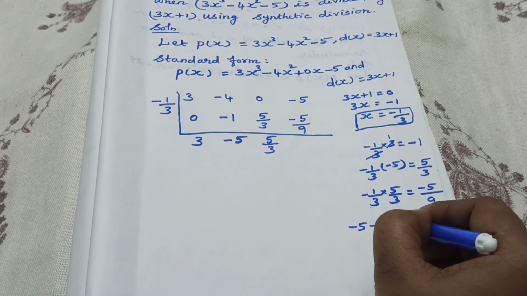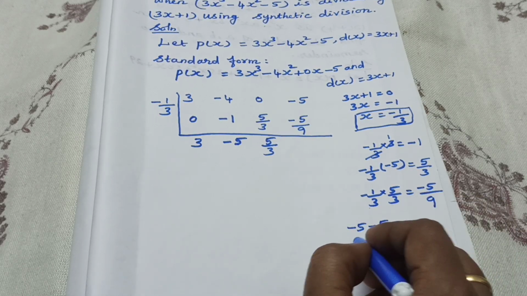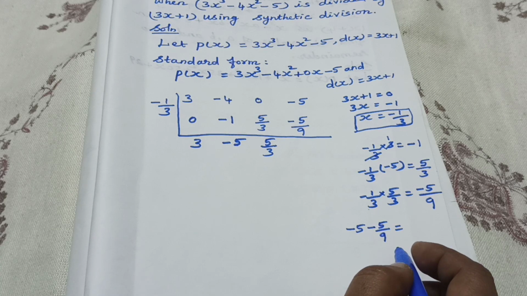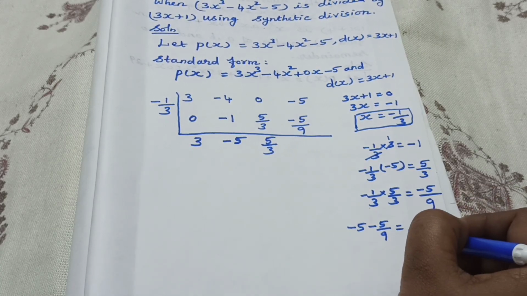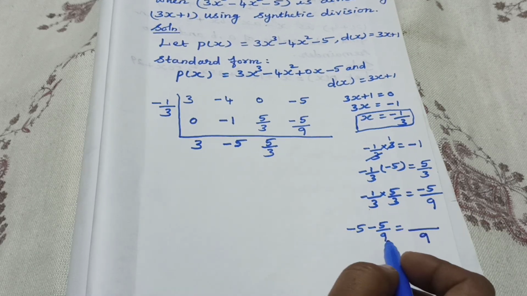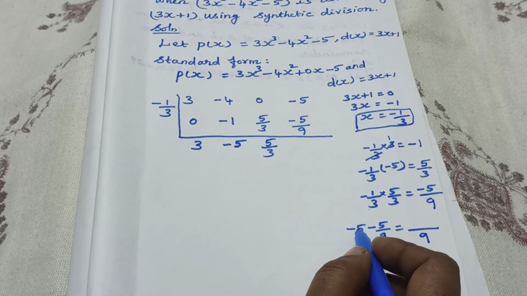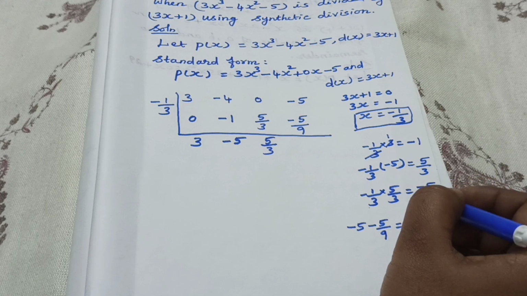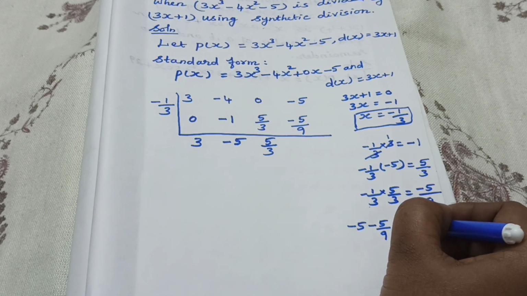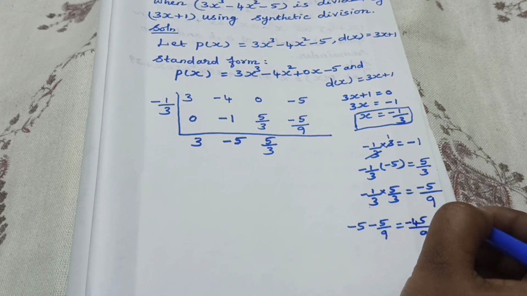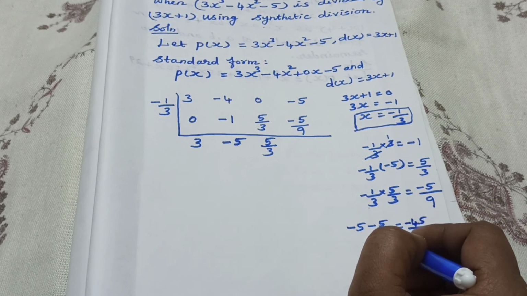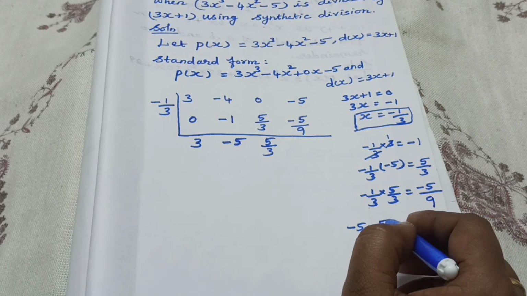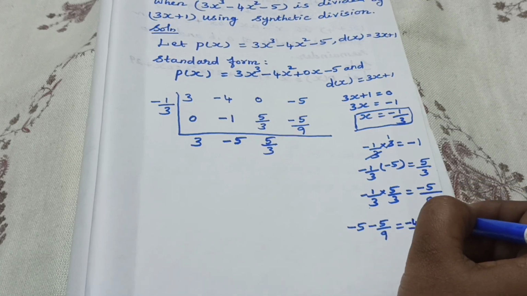This to add, here this is the whole number and this is the fraction. So what's the LCM? First we have to take the LCM. 9 is the LCM, isn't it? This 9 and 5 multiply, 9 fives are 45, so minus 45. Correct? Then here how many 9s are there? One 9. That 1 we multiply here with minus 5.